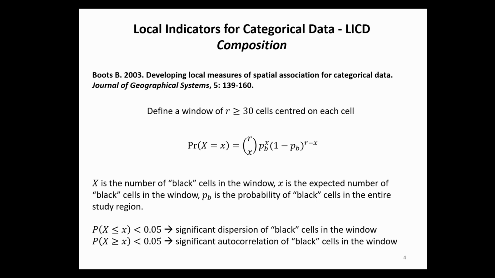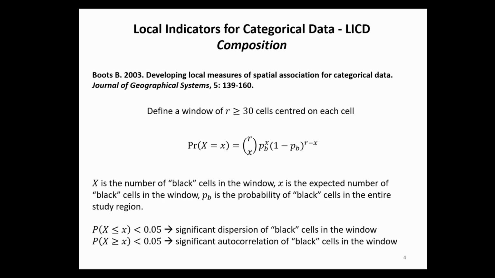The problem with categorical data is that local autocorrelation, because we are talking about binomial values, requires at least two measurements, not only one. One is the measurement of composition, and the second is a measurement of configuration. We will see it later.